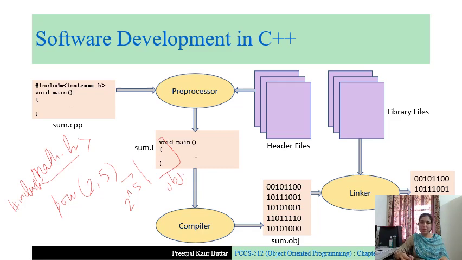So this is the program object code plus the object code of the power function, and it will link together and the final object code or the final executable code will be generated. Executable code has a .exe extension. Executable means this code is ready to run. Okay, so this is the process of software development in C++.